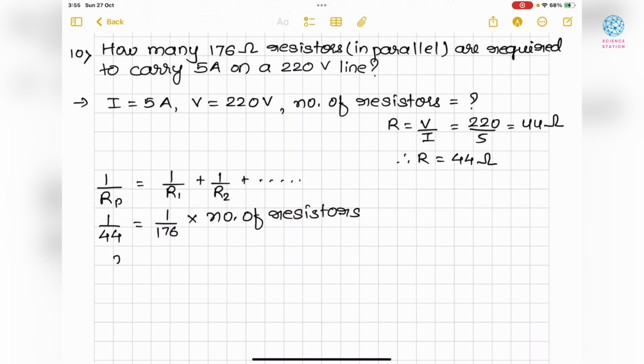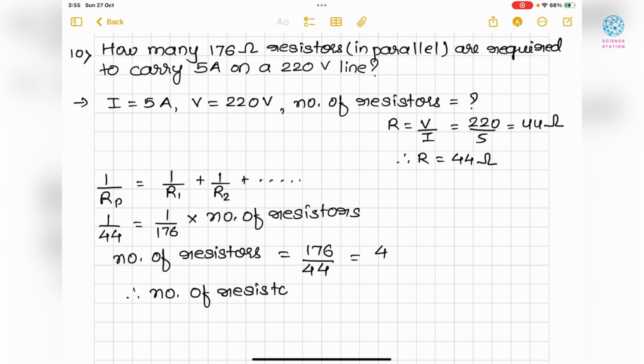So number of resistors will be equal to 176 upon 44. So if I cut them, I am getting directly 4. So therefore the number of resistors will be 4.